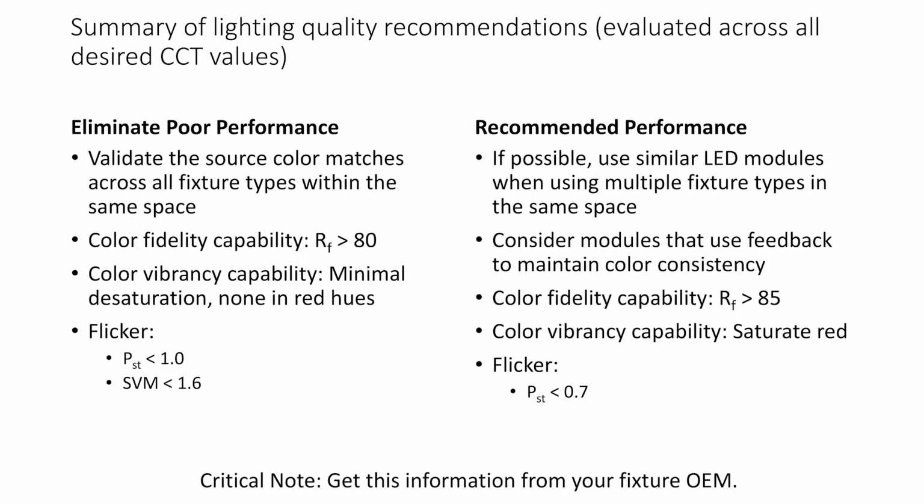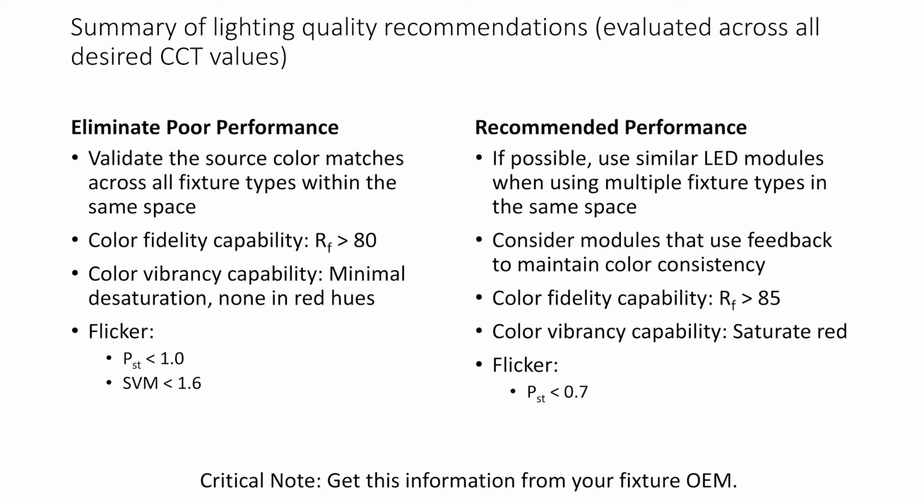Well, some fixtures put feedback elements in, little receivers that measure the light coming out and the color coming out, and can alter, internally to the fixture, the ratios to give you what you programmed it to be at.